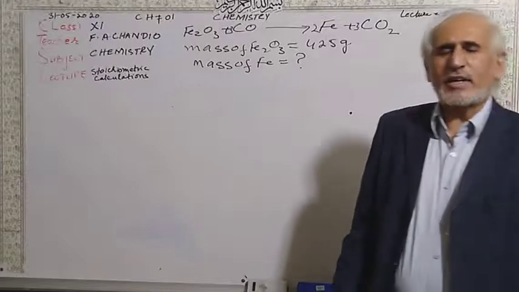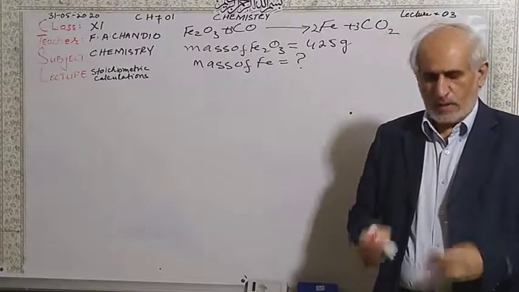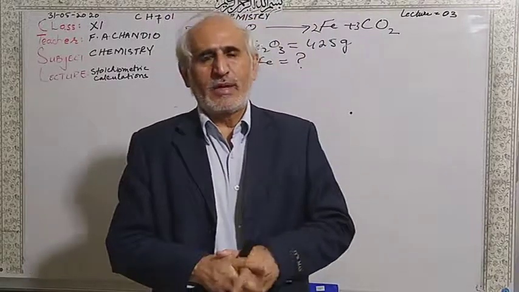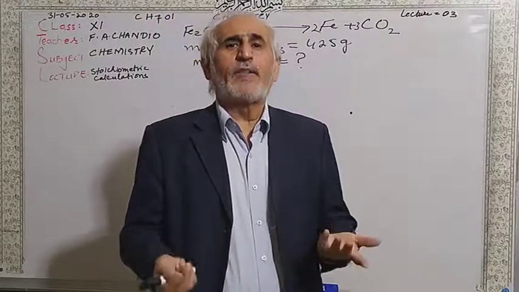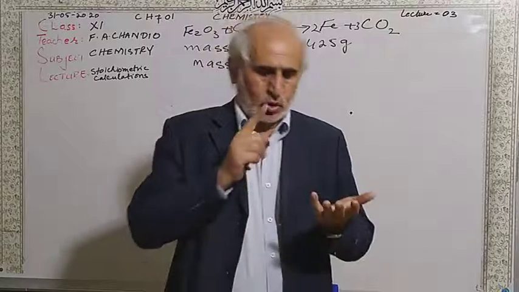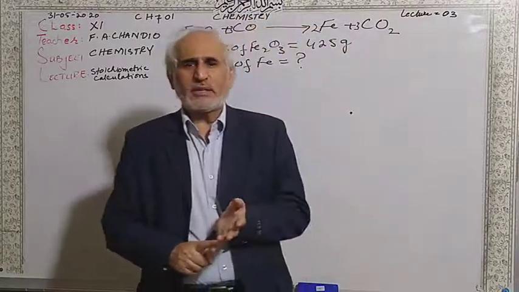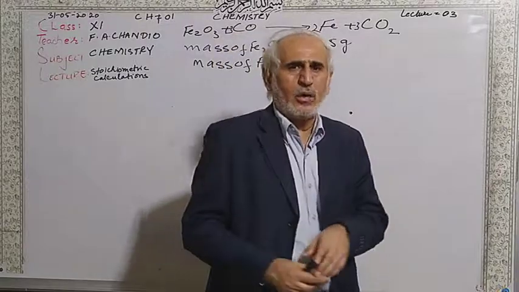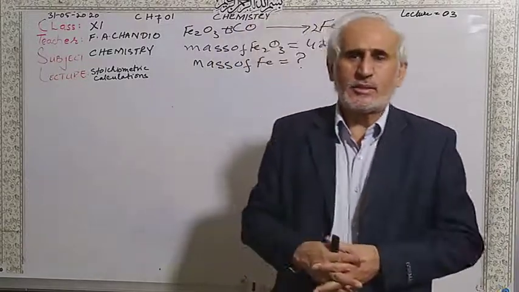There are many methods for calculations. We say interconversion. All these are interconvertible. You can use the mole to mole method. This book explains using the mole to mole method.